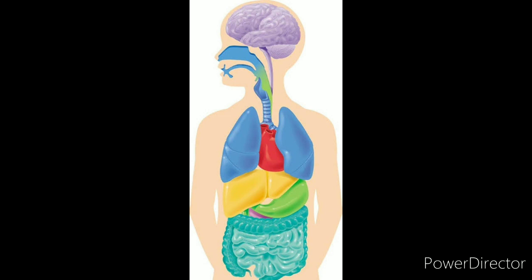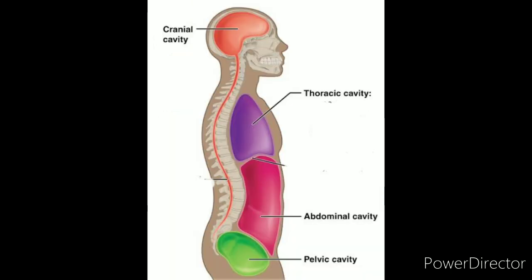Now, there are hollow spaces for these organs inside the head and the torso called cavities. Now, hollow spaces means, in simple words, empty space. The cavity inside the head is called the cranial cavity. Now, the cavity in the torso, like you can see in the picture, has three parts.